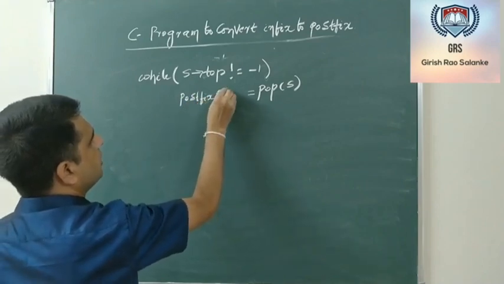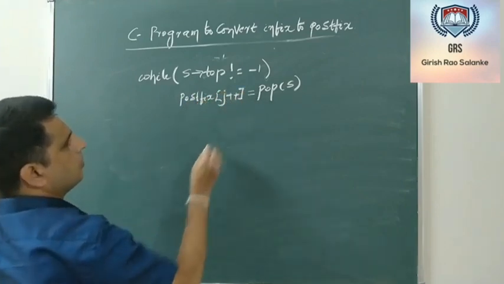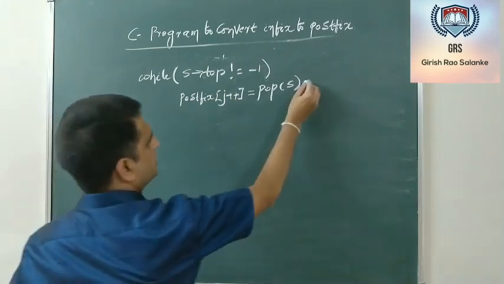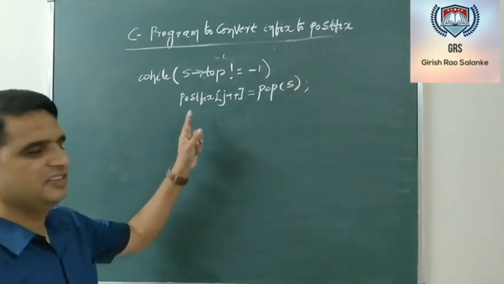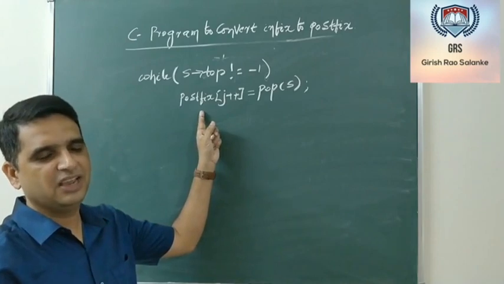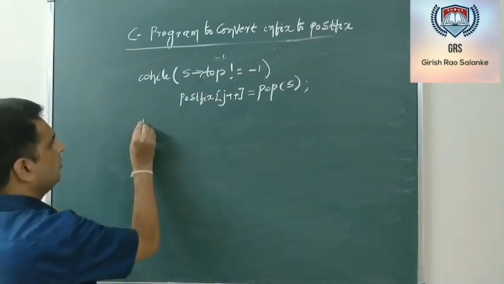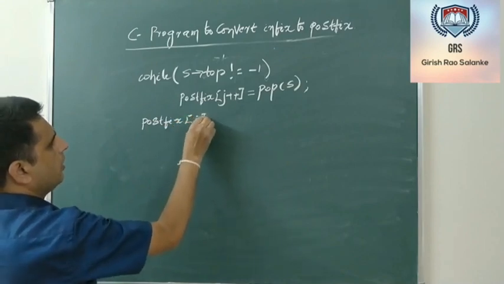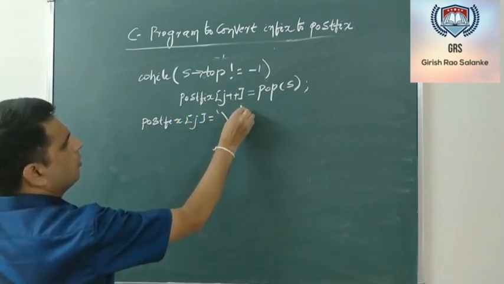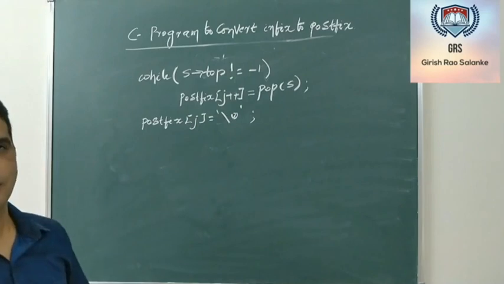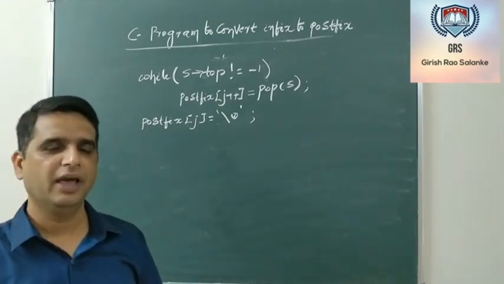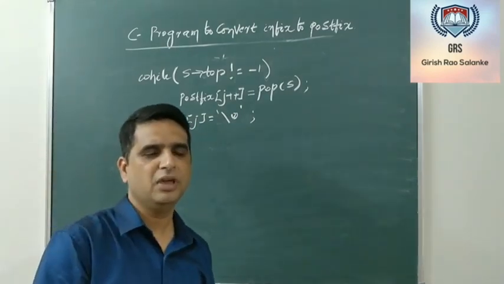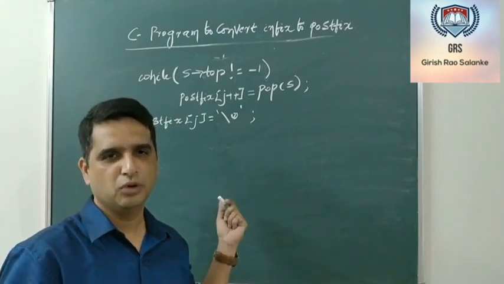Postfix of j++. Now this completes the third step. Note that postfix is a string. Always end of string is denoted with null character. So postfix of j is equal to null character. Now we have successfully converted a given infix to postfix, and our result is there in the postfix expression.